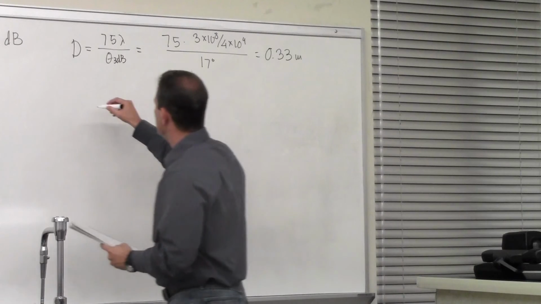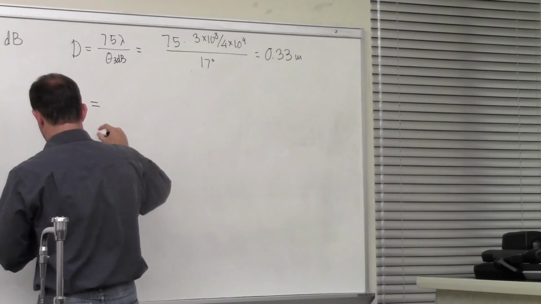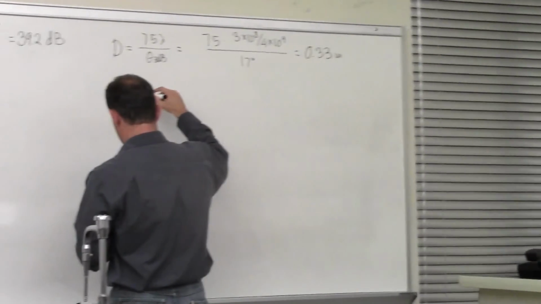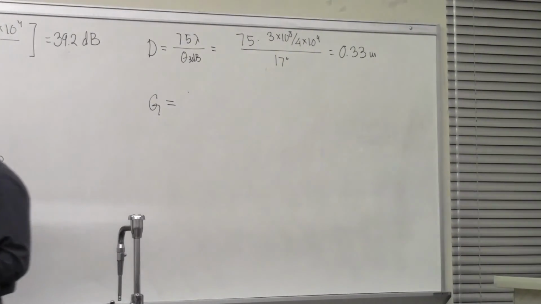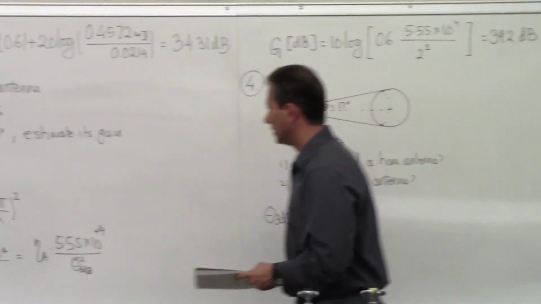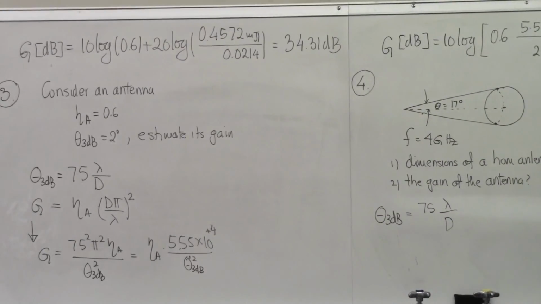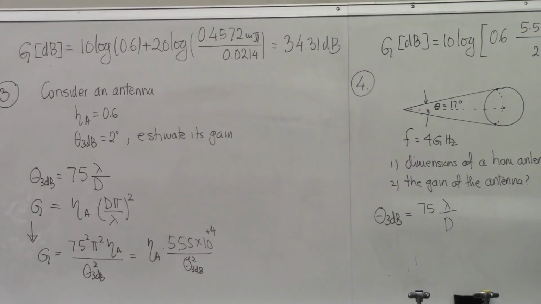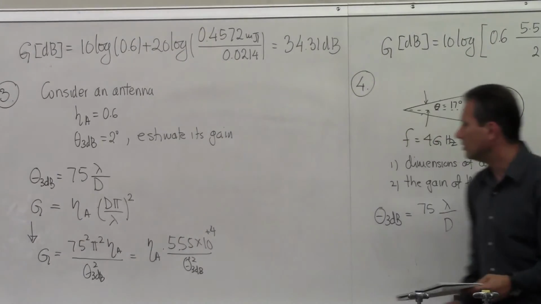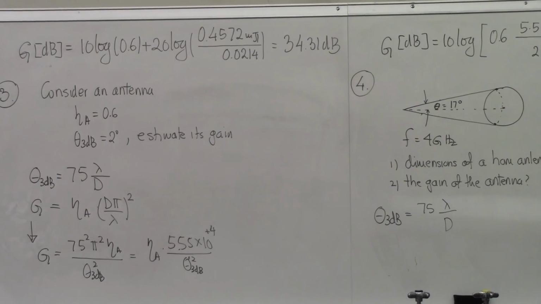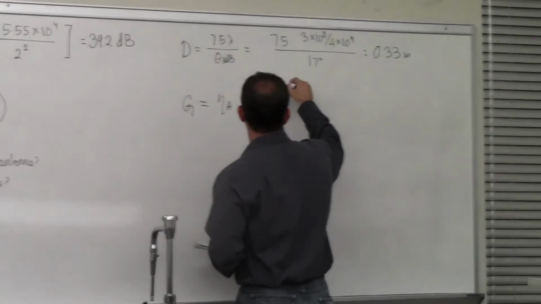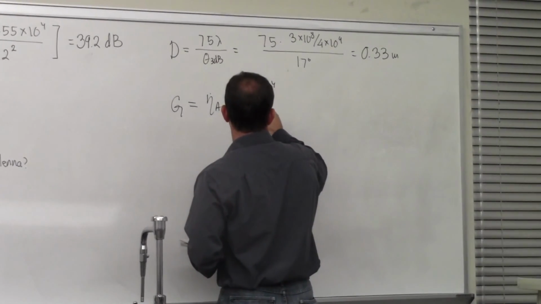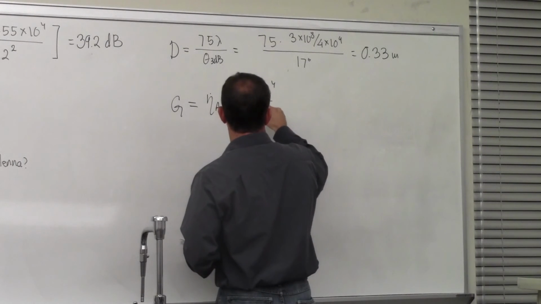Now the gain of this antenna is going to be, what do we have? This is the relationship that we can use. Or I actually use this one in the notes. So it ends up being the efficiency times 555 times 10 to the 4 divided by delta theta 3 dB squared.